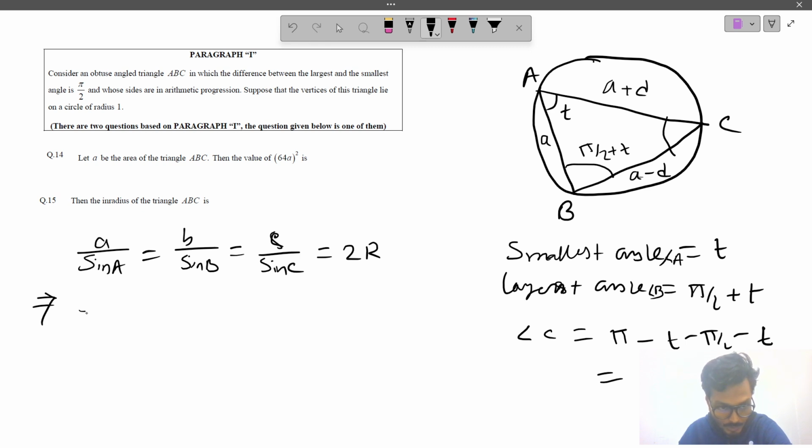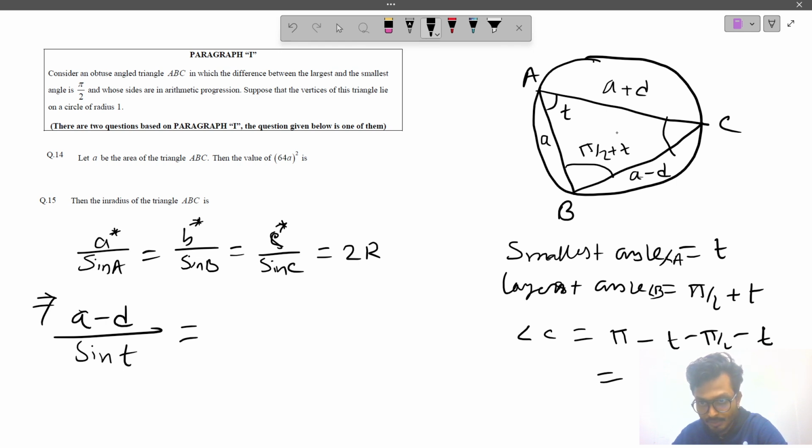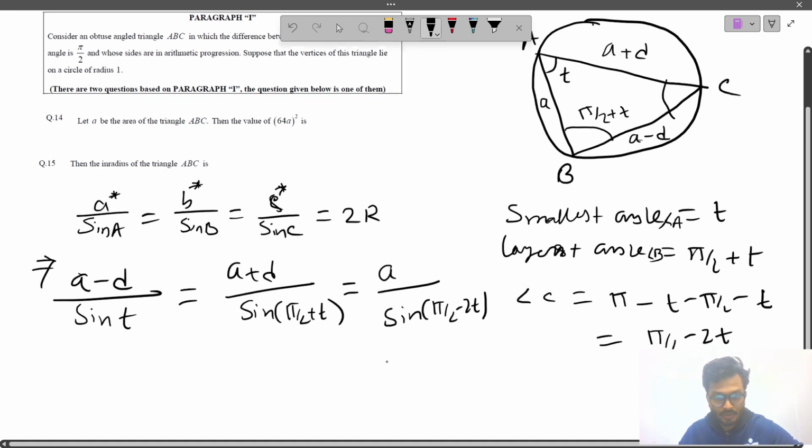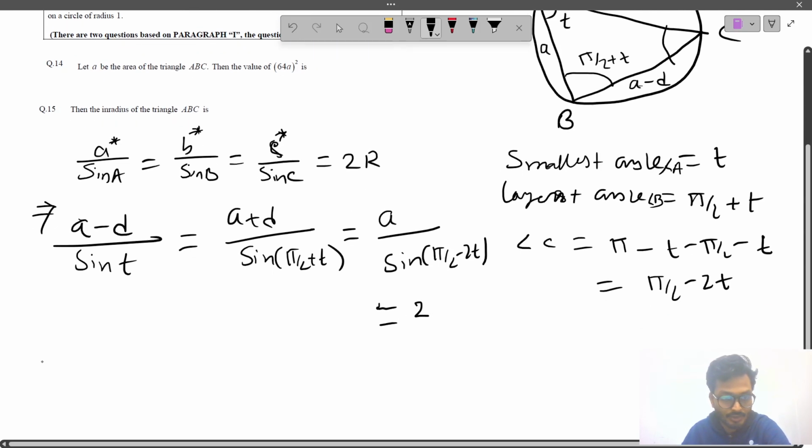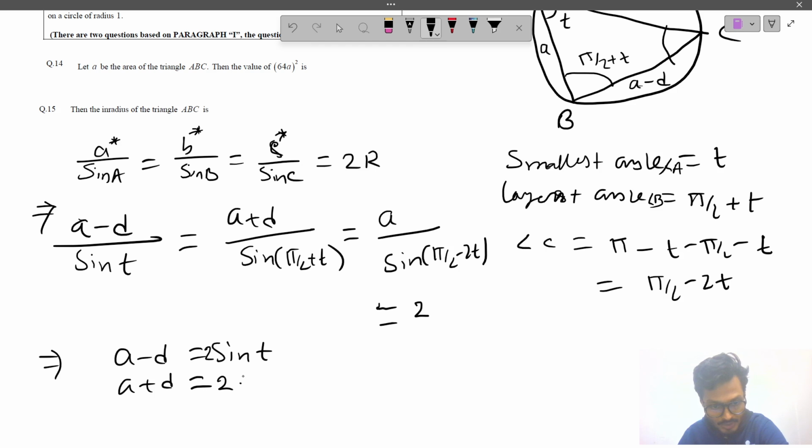So now what do we get? Since a is already used, let us call the side opposite angle C a star. Then (a minus d) divided by sine t equals (a plus d) divided by sine of pi by 2 plus t, which equals a divided by sine of pi by 2 minus 2t, and this equals 2 into 1, that is 2. This implies a minus d is 2 sine t, and a plus d is 2 sine of pi by 2 plus t, that means 2 cos t.